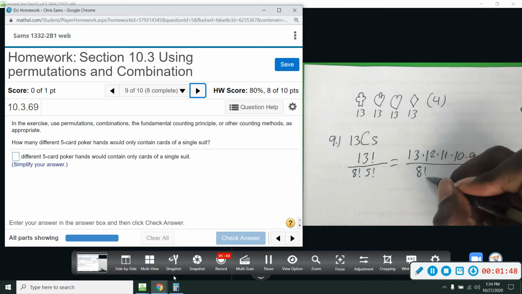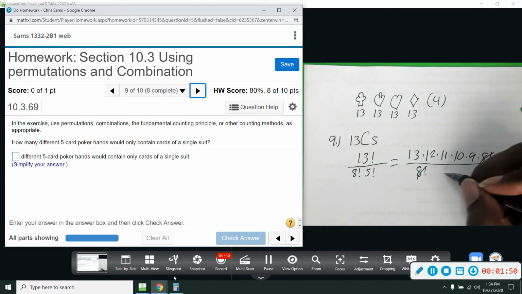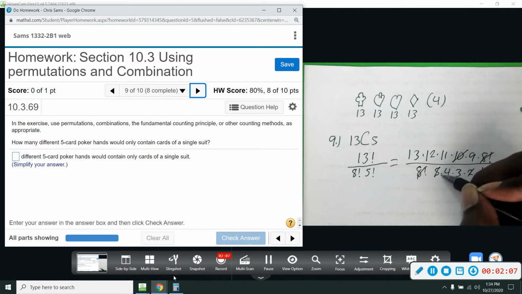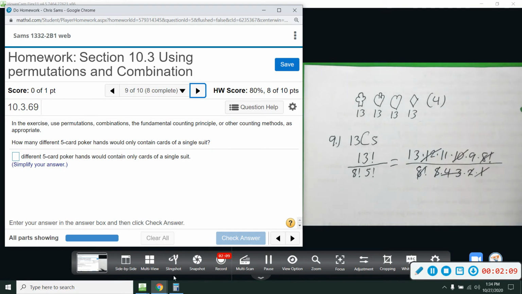The 8 factorial will divide out, and then we have 5, 4, 3, 2, 1. All right, 5 and 2 times 1 is 10, and all of this will divide out the 10 completely. Then 4 times 3 is 12, which will get rid of the 12 completely. So you're just left with 13 times 11 times 9.